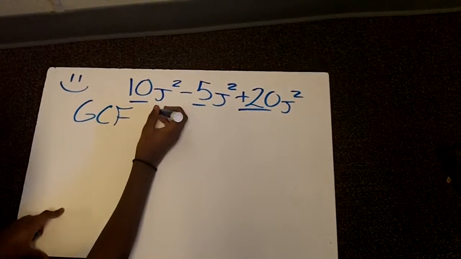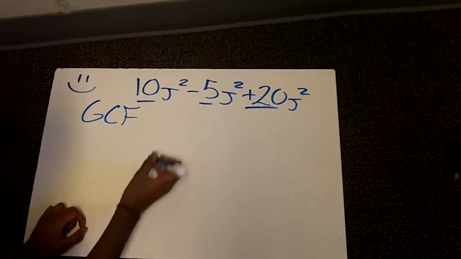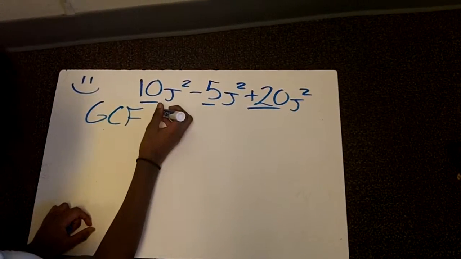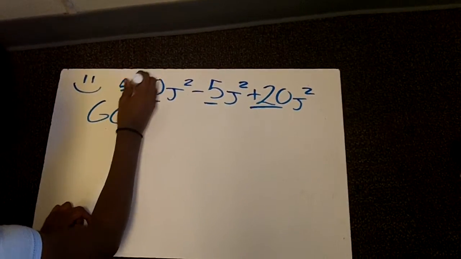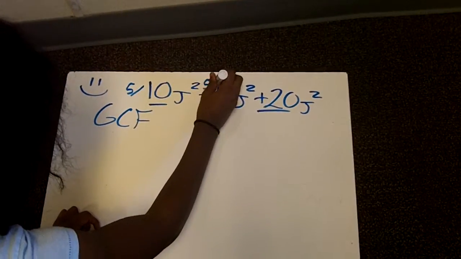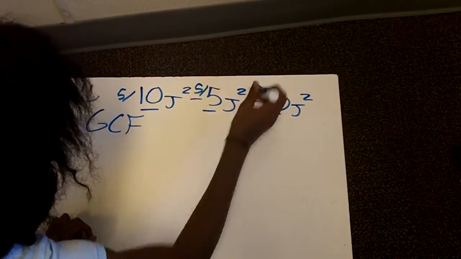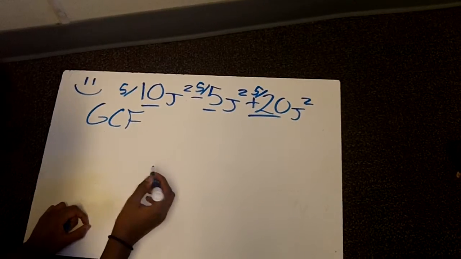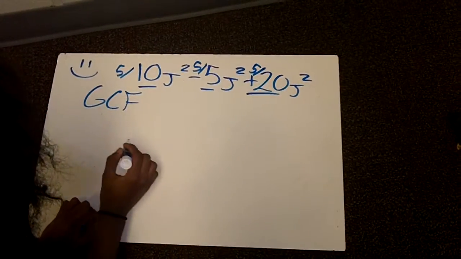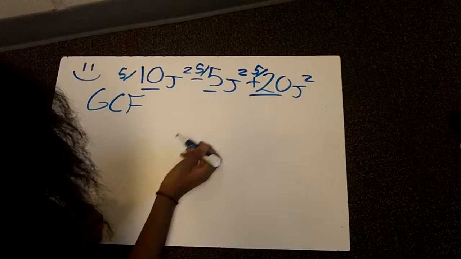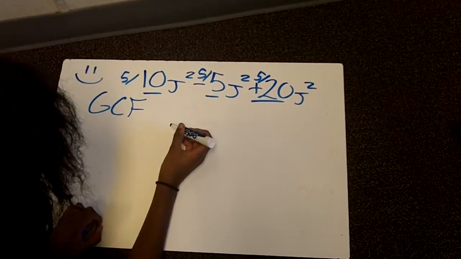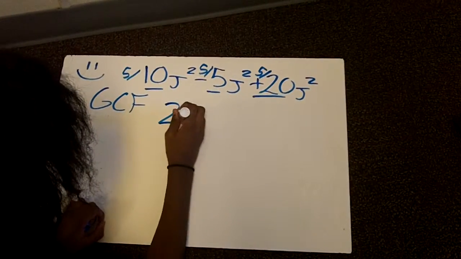So, if you factor out the 5, then dividing this by 5, dividing 5 by 5, and dividing 20 by 5, then 10j squared would become 2j.